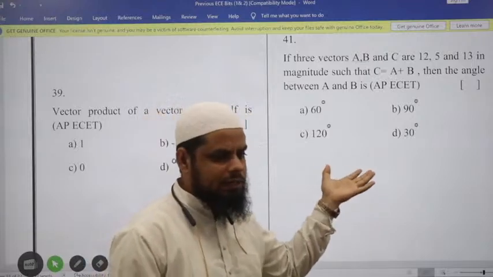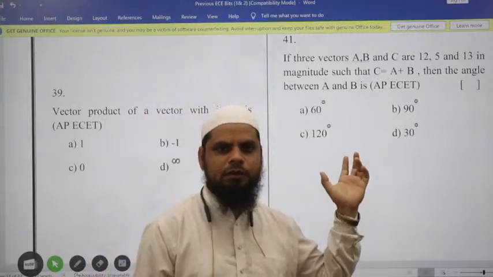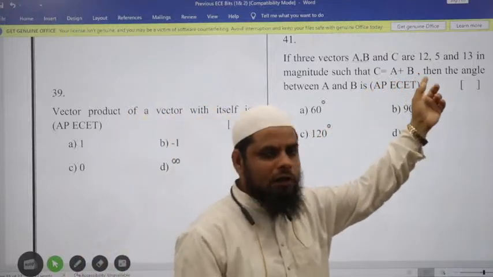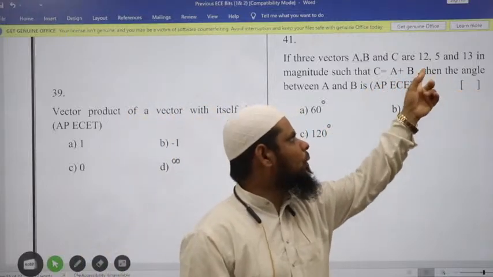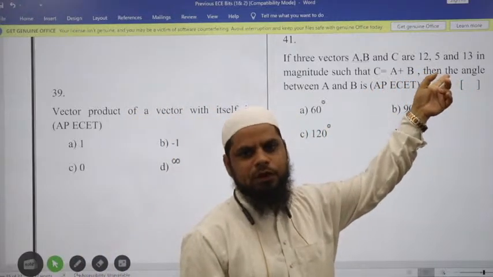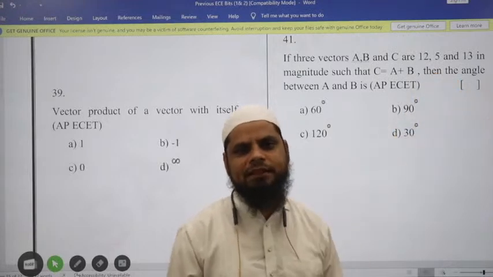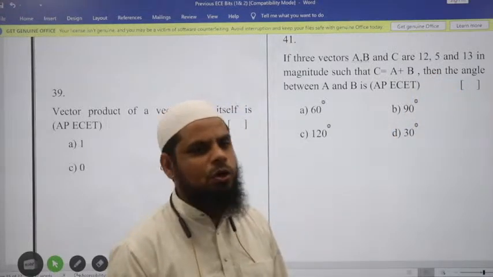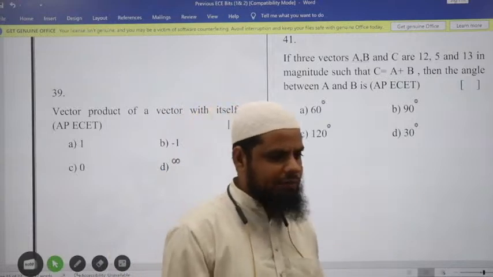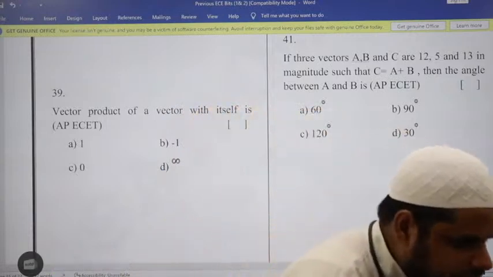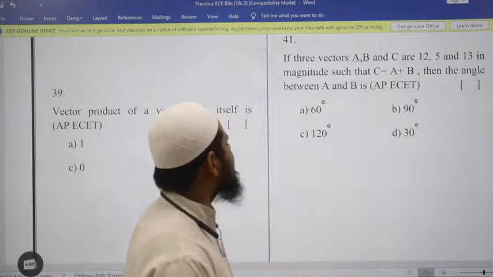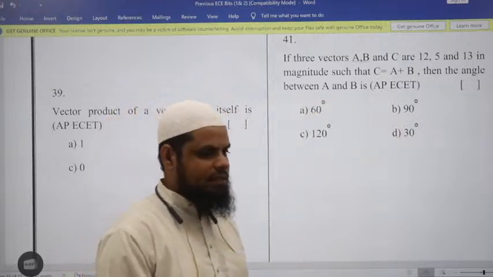Can anyone guess the answer for this question? So these are the rectangular components. Root over 12 square plus 5 square is nothing but root over 169, nothing but 13. I have given the clue. So can you tell me what is the answer for this?